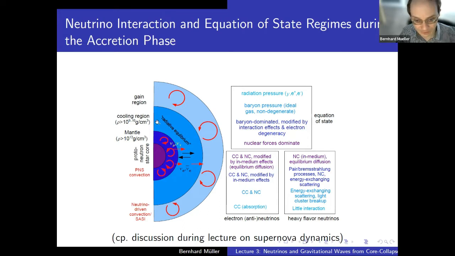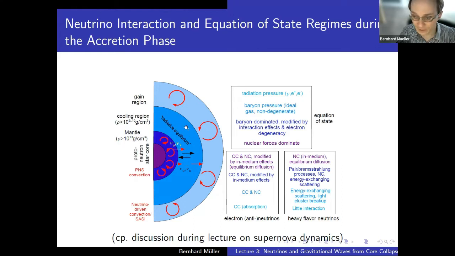If you go deeper to where most of the electron flavor neutrinos are produced, the cooling region, both the charged current and scattering reactions are important for production and transport of neutrinos.